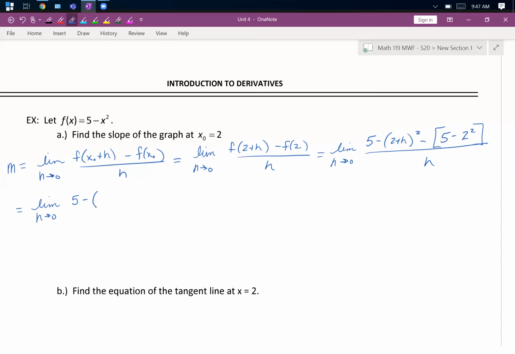Otherwise, write it twice and multiply it out. We are going to get minus the quantity 4 plus 4h plus h squared. And we've got 5 minus 4 here, so I'm just going to write minus 1 all over h. Distributing our negative.